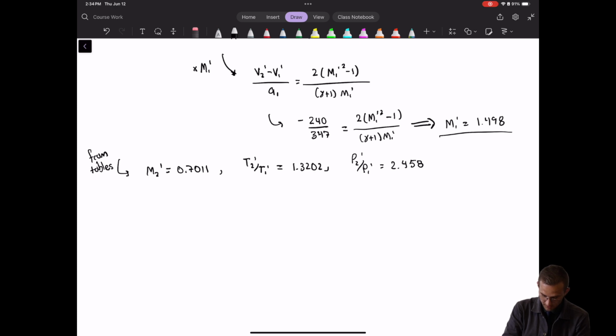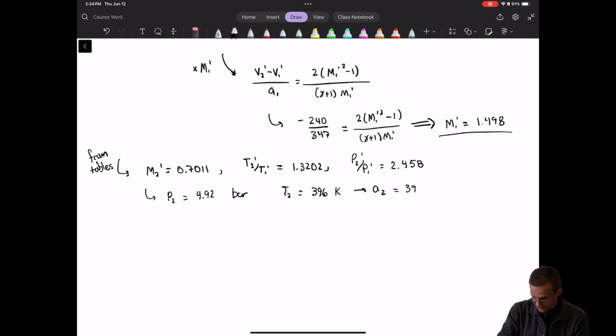And using our upstream values, that tells us that P2 is equal to 4.92 bar. T2 is equal to 396 Kelvin. And then T2 allows us to calculate A2, which then is 399 meters per second.